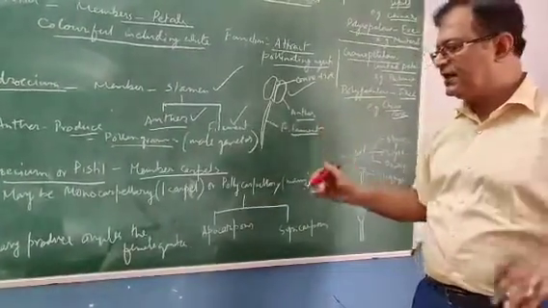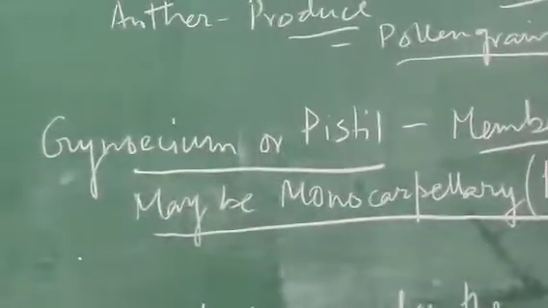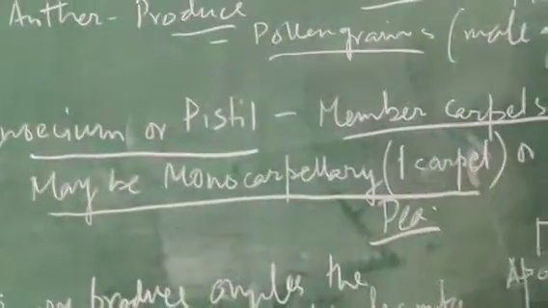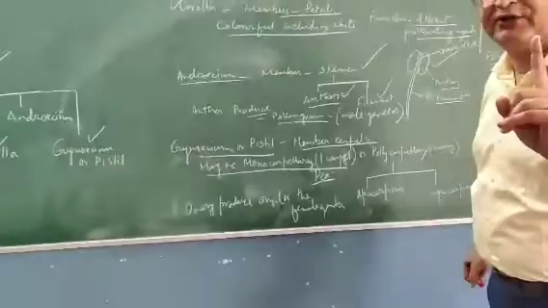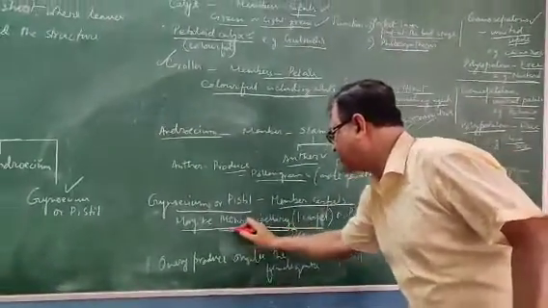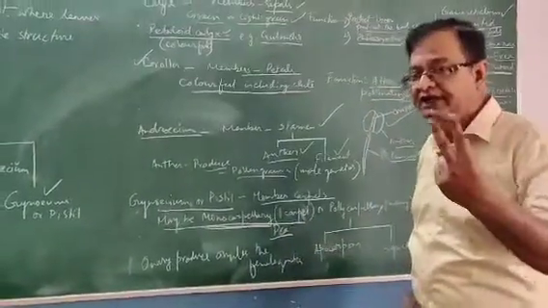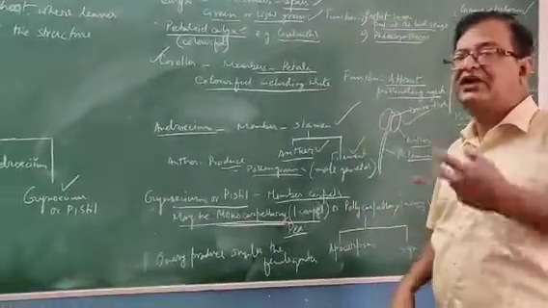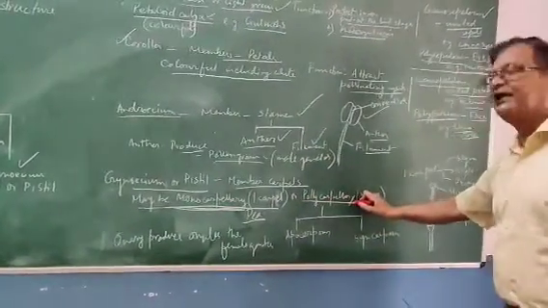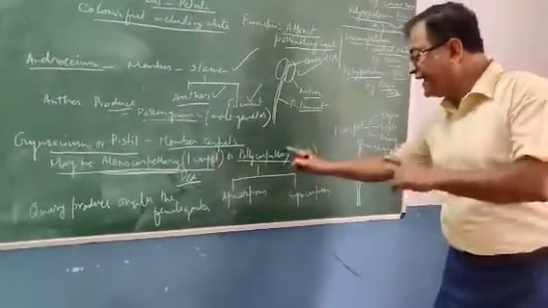If the flower has only one carpel, example pea, only one carpel in the whole gynoecium, then it is called monocarpellary ovary, monocarpellary flower. But if it is more than one, suppose two, then it is bicarpellary. If three, then tricarpellary, and so on. Together we name it polycarpellary ovary, polycarpellary flower. There may be many.